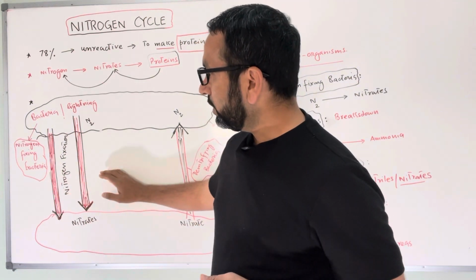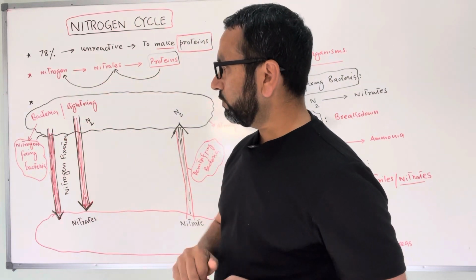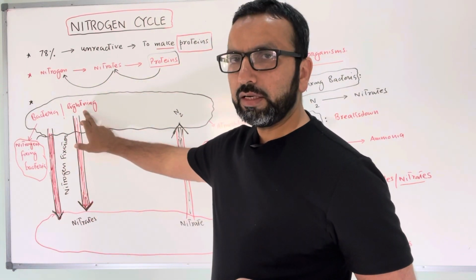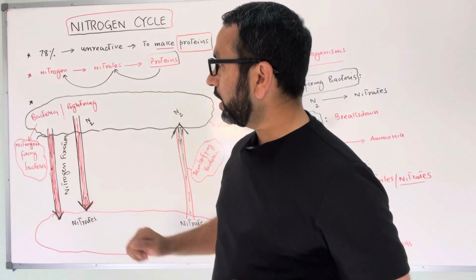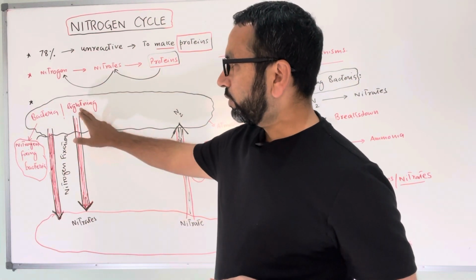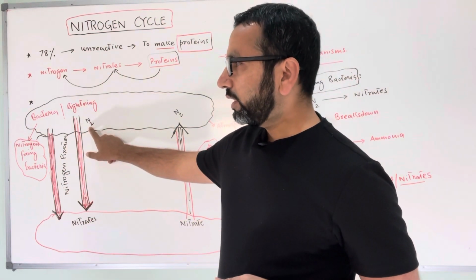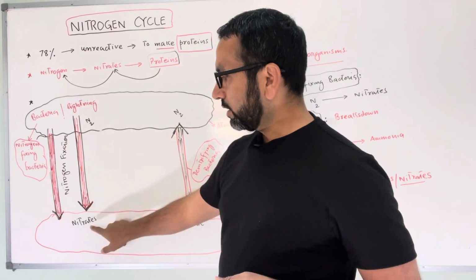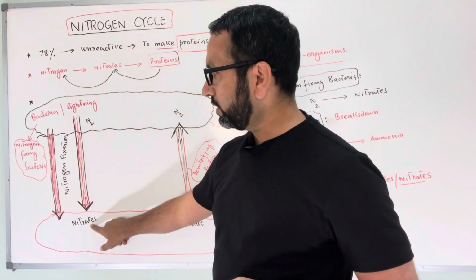Two arrows mean there are two processes involved. One is called the lightning or thundering process. As a result of that process, atmospheric nitrogen gas is converted into nitrates.